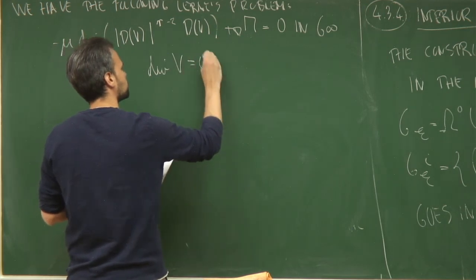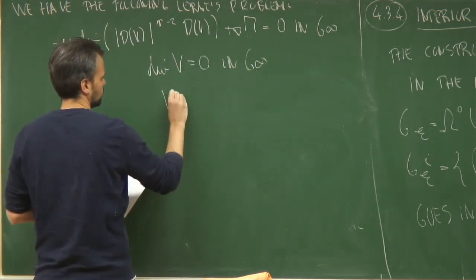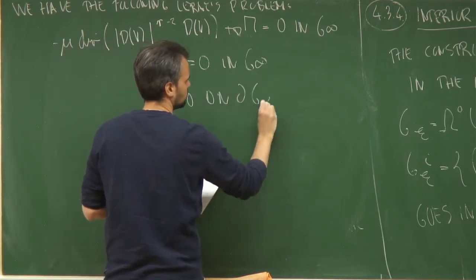Divergence v is 0 in G infinity. V equals 0 on the boundary of G infinity.